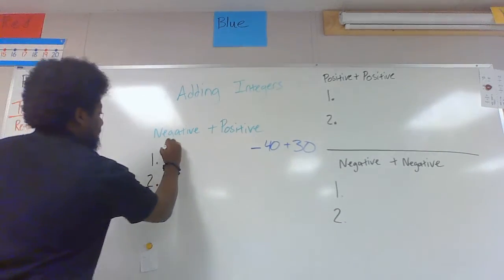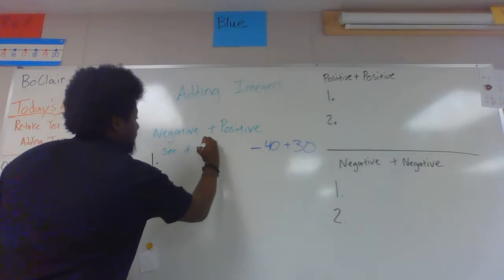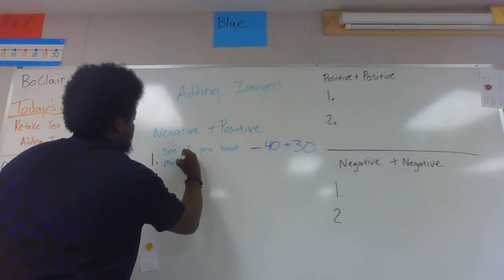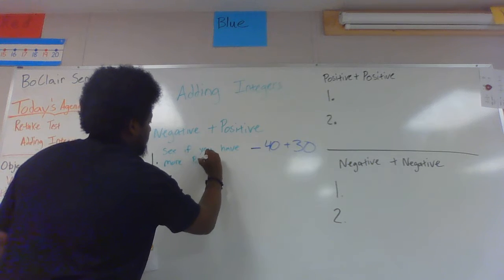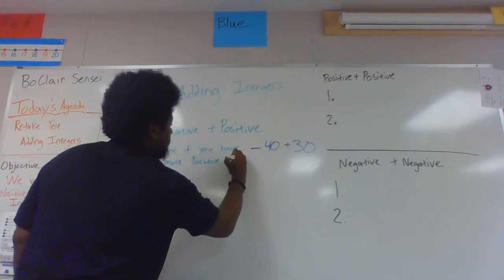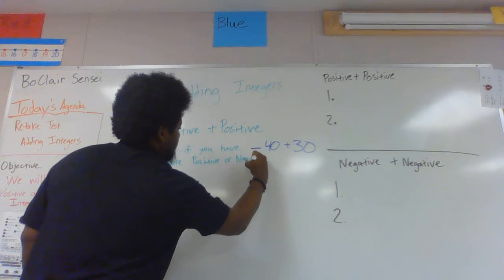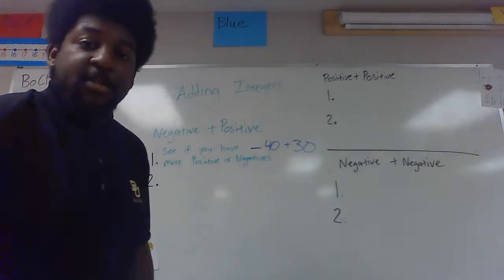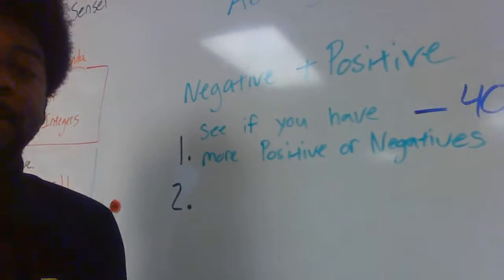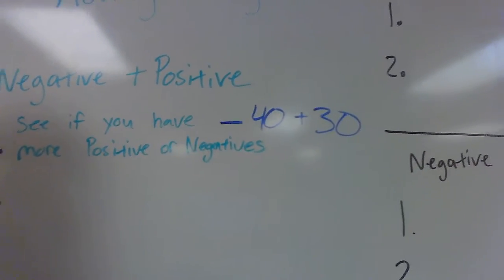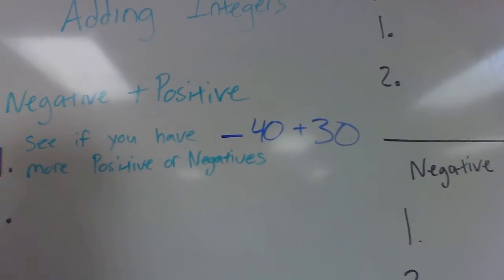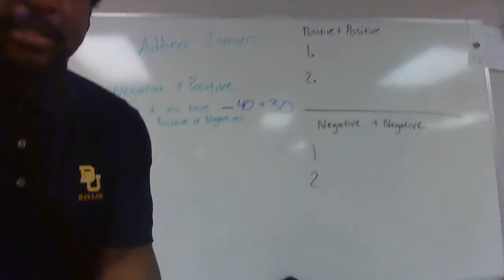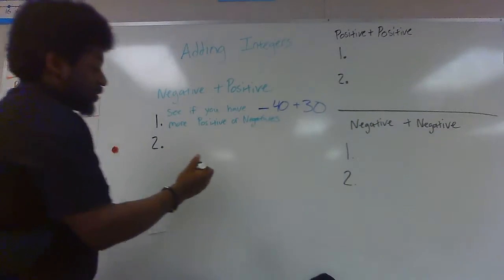So step one is see if you have more positives or negatives. Looking at this equation, I have negative 40 and positive 30, which means I have more negatives. I have 40 negatives. Since I have more negatives, I know my answer is going to be negative.